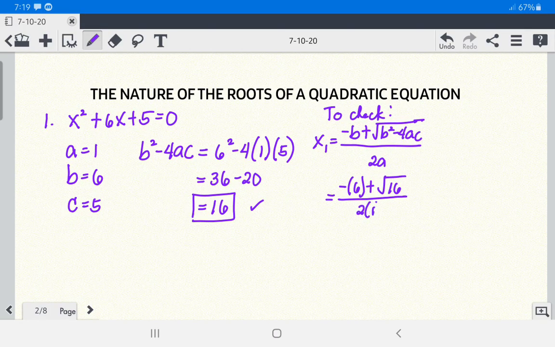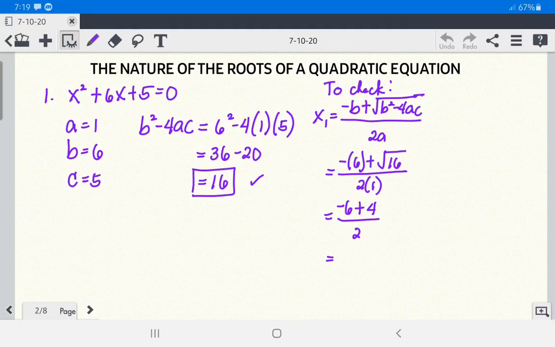The value of a is 1, right? So we have negative 6 plus square root of 16, which is 4, over 2. Negative 6 plus 4 is negative 2, divided by 2, we have negative 1.